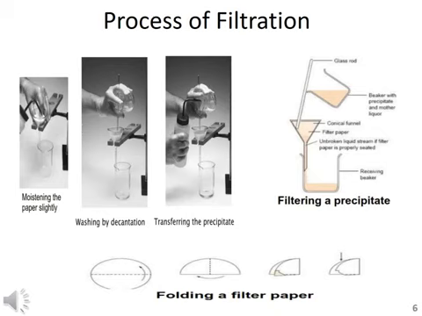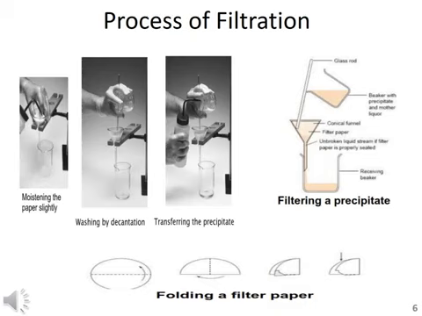In this slide, the process of filtration has been shown, and you can see you need the following apparatus for the completion of the filtration process. You will have to take this well washed clean glassware. These glassware include a beaker, a funnel, and a stand on which you can keep this funnel in an upright position.